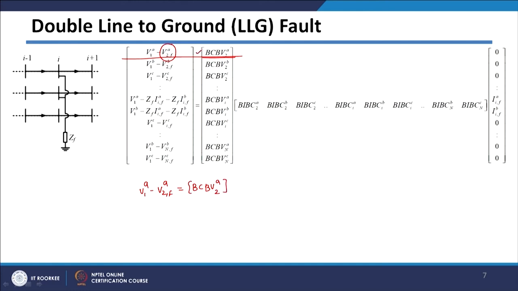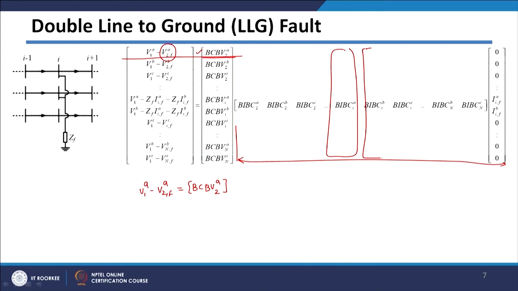So, we have to consider this row, and we have seen that in the equivalent of this part of the matrix equation, only these 2 columns are getting multiplied with non-zero current, otherwise all are getting multiplied with zero currents. So, we can write them like this.